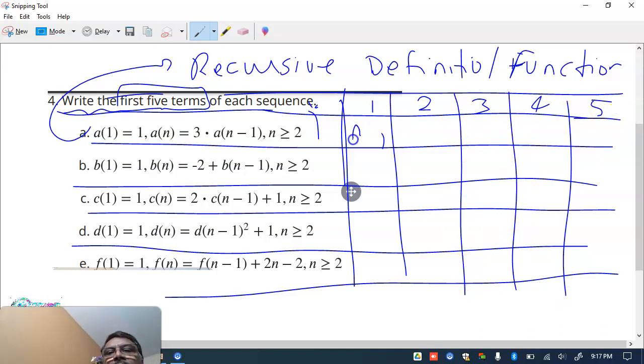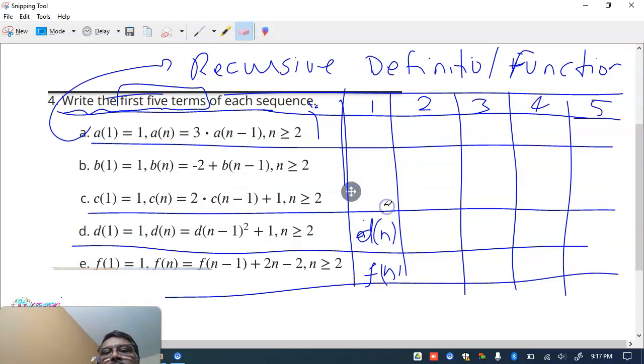So this will be A of n, this is B of n, this is C of n, D, the function is D of n, then F. No, there's no E. Okay. Now, I think I messed up again. This should be on the, this, okay.